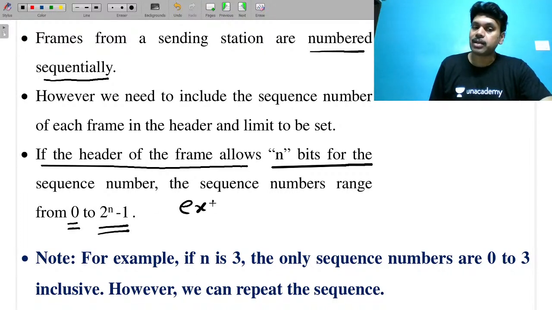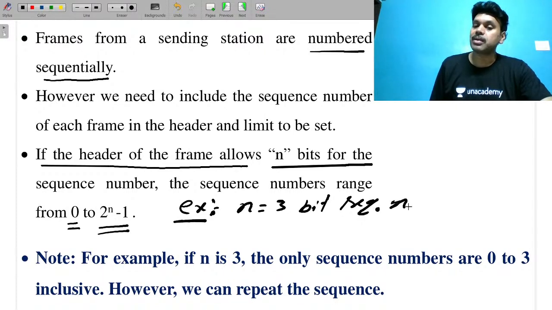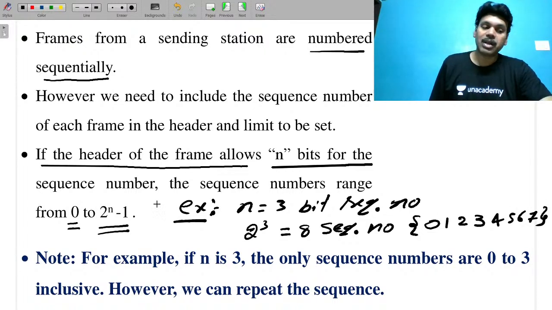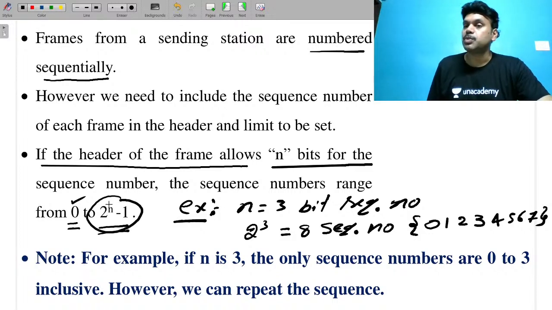For example, if n is a 3-bit sequence number, then 2 power 3 is 8 sequence numbers: 0, 1, 2, 3, 4, 5, 6, 7, because the sequence numbers start from 0 and end at 2 power n minus 1.